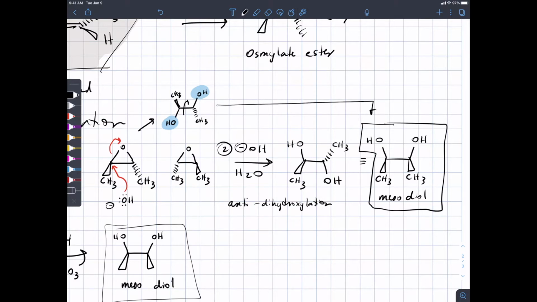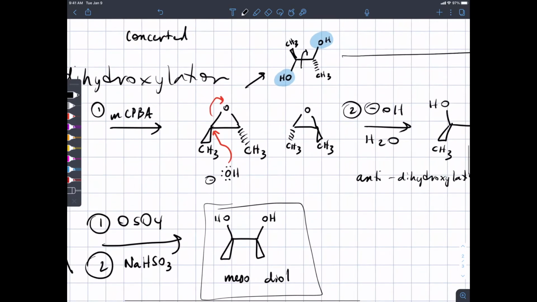Can you explain to me again how you got that OH just straight and not jetting backwards? Well, let's see. So the three-membered ring is in the plane of the page. This methyl group is coming out at you. This methyl group is going away from you. There is a proton here and a proton there. All right.